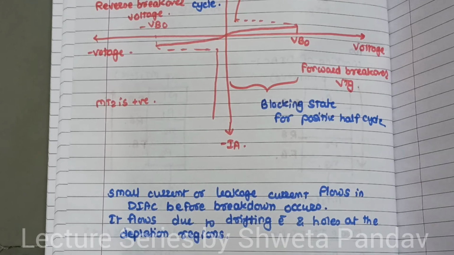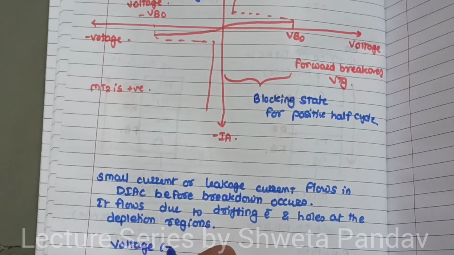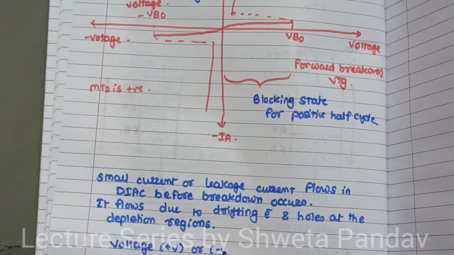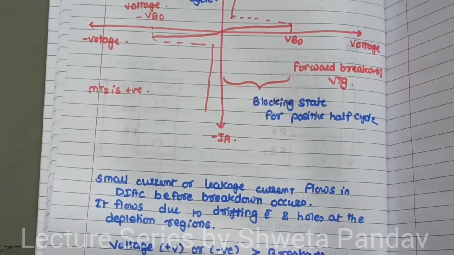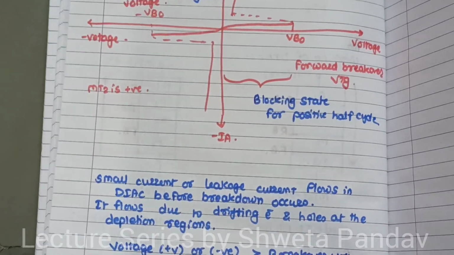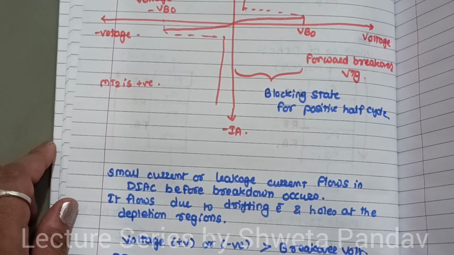So as soon as the applied voltage, either positive or negative, crosses the breakover voltage, the DIAC starts conducting.